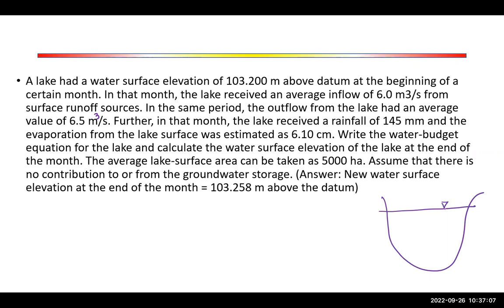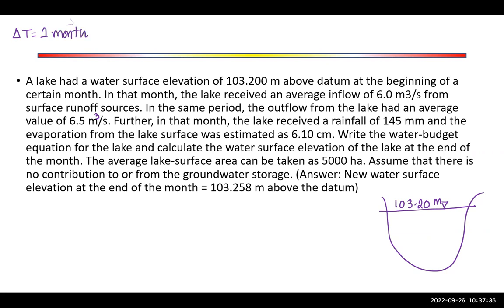This is the water surface, and the elevation is 103.2 meter at the beginning of the month. And you are asked to find what will be the elevation of that lake at the end of the month. Okay, so the delta T is what? The time difference is 1 month, right?